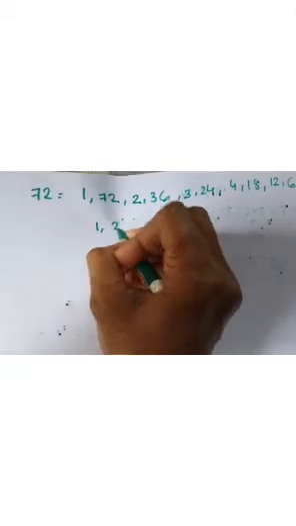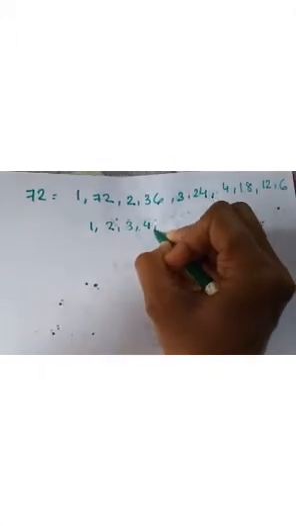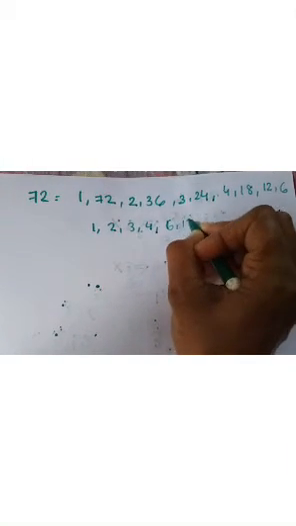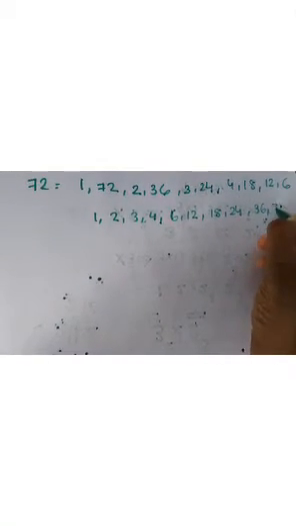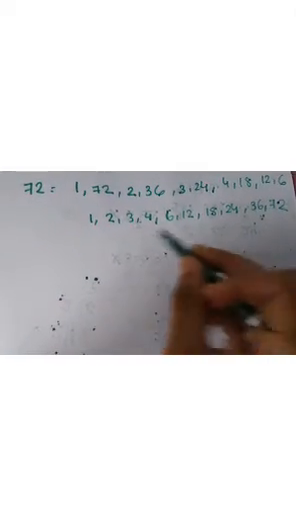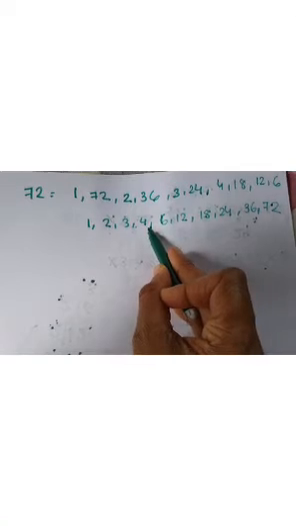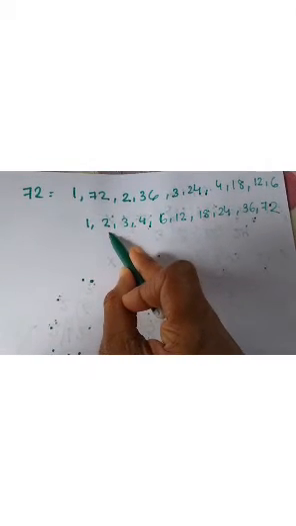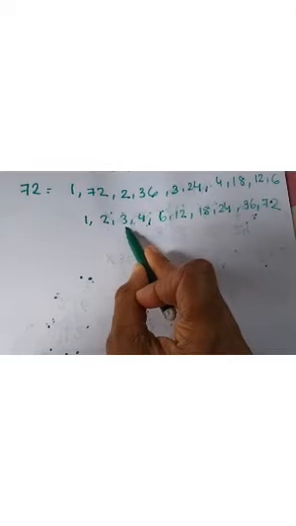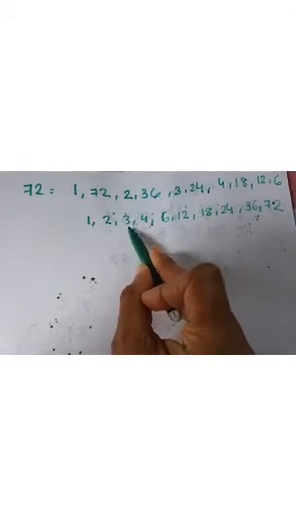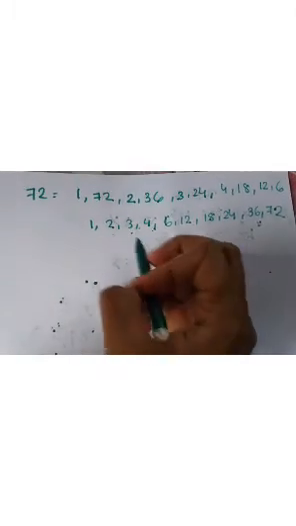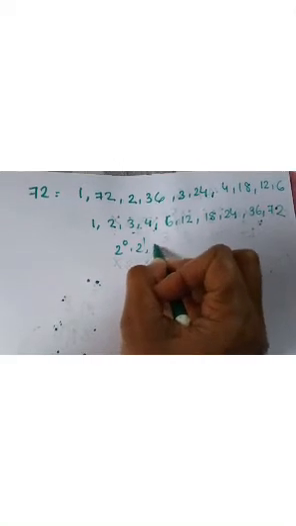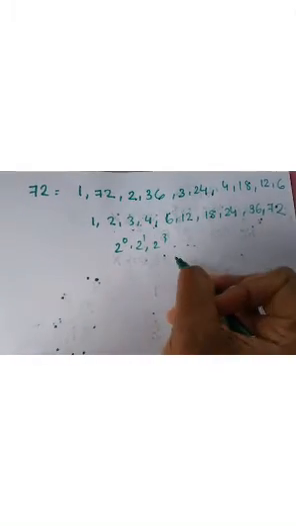Like this, we can arrange 1, 2, 3, 4, 6, 12, 18, 24, 36 and 72. Here 1, 2, 4 are powers of 2, but 3 is not a power of 2. So we cannot express them as powers of the same number here.